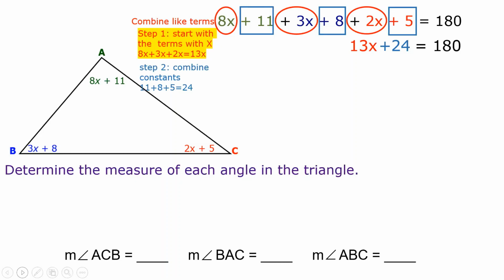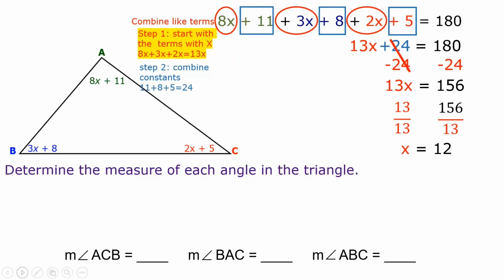Now, when you're here, that's when you start solving, which is subtract 24 from both sides, zero pair the 24, subtract 24 from 180, which would give you 156. And then you bring down the 13x, and then you solve for x by dividing both sides by 13, which is the coefficient of x, and x will equal 12.